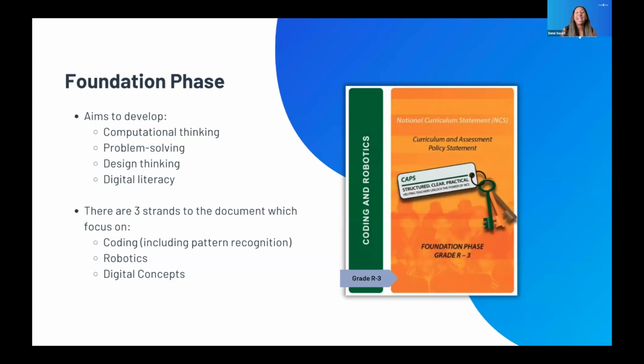Students engage in hands-on activities to create simple robotic artifacts. And the last one, digital concepts, covering the basics of technology, including understanding computing devices in the digital world and the importance of digital citizenship.